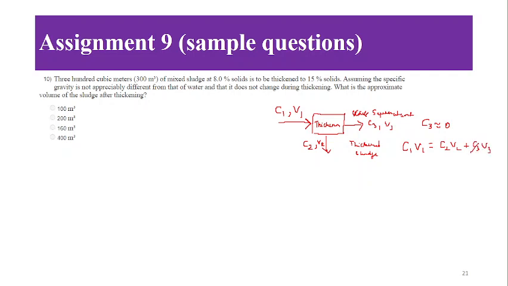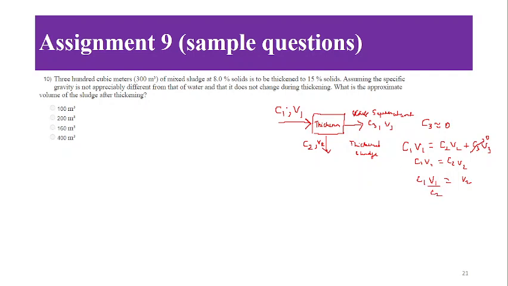But because C3 is 0, C1V1 is equal to C2V2. So V2 we can find out from here, which is equal to C1 into V1 upon C2.